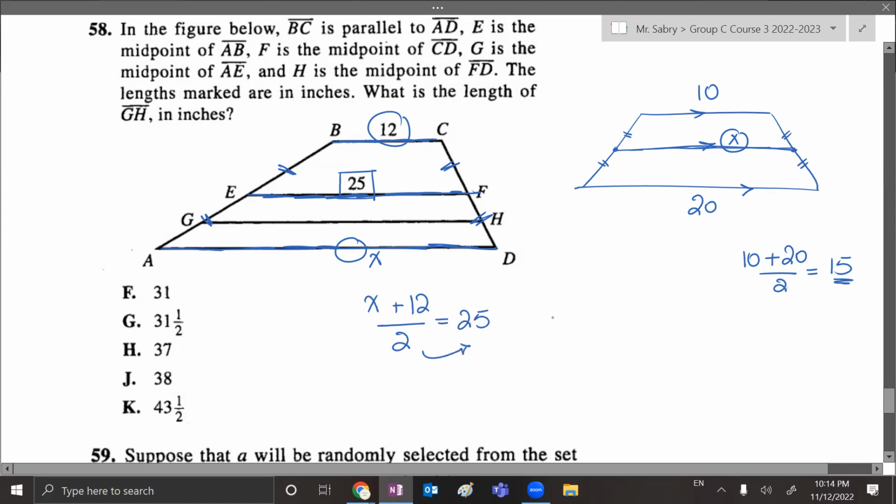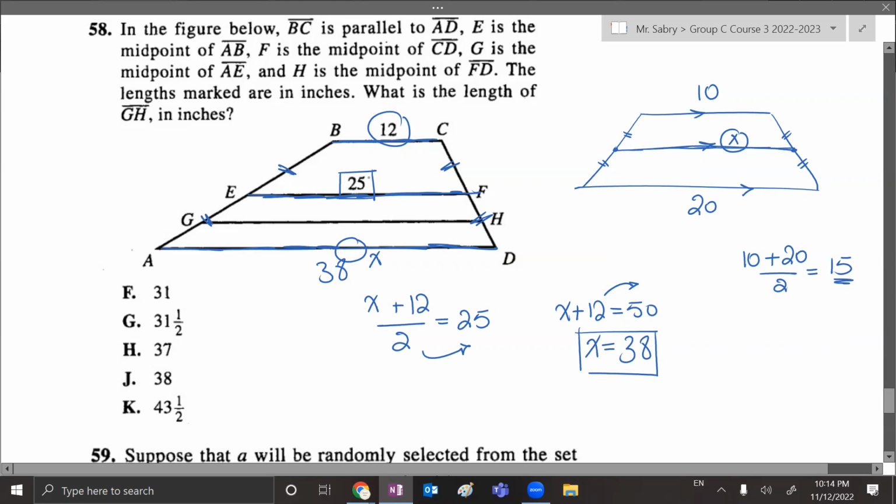So if I move this 2 to the other side, I'll be able to get the value of x, and say that this one is supposed to be equal to 50 minus 12, that's 38. So that's the measure of x. This x here is 38.